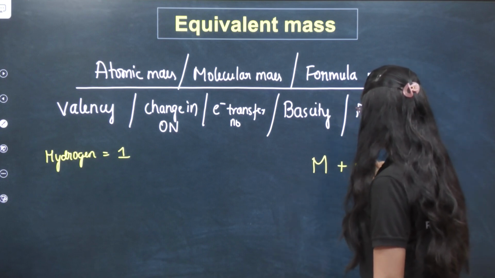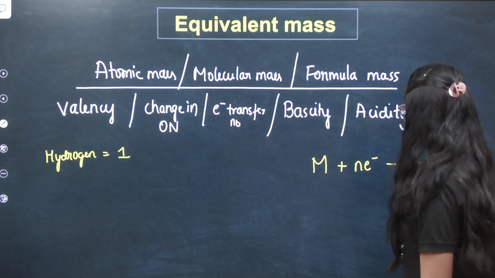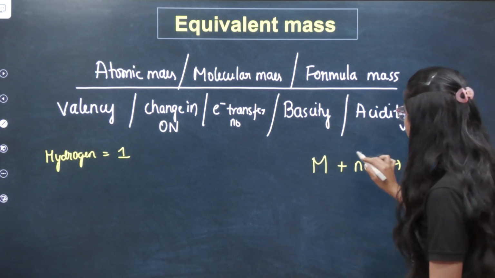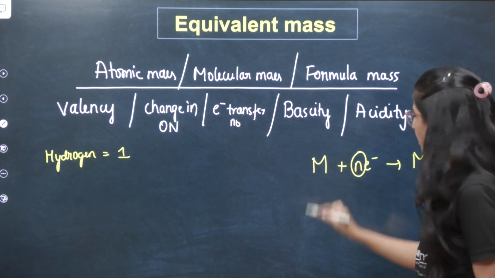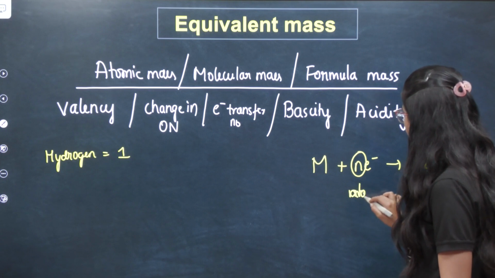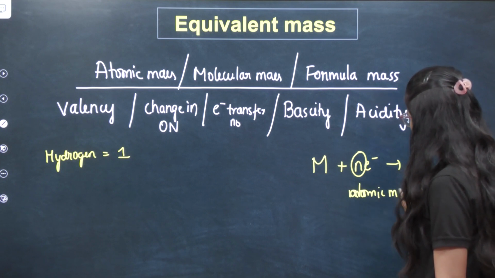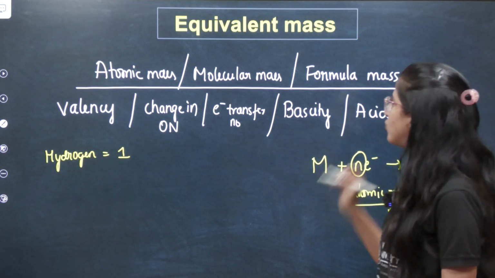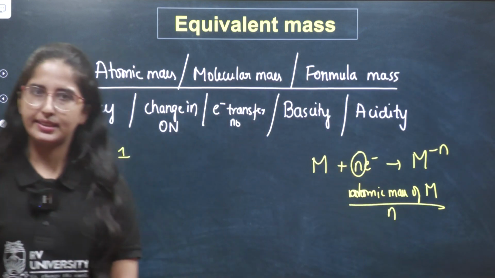It is undergoing reduction. So it gives M minus n. How many electrons are being transferred? n electrons. So it will be the atomic mass of M divided by n.